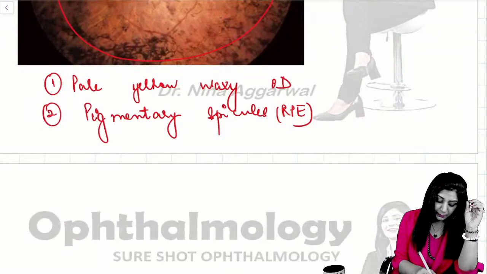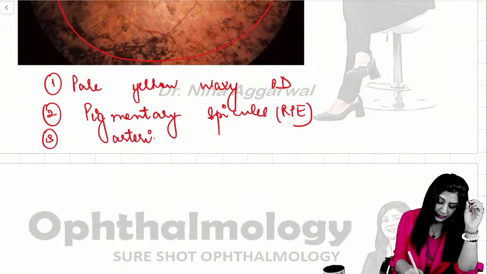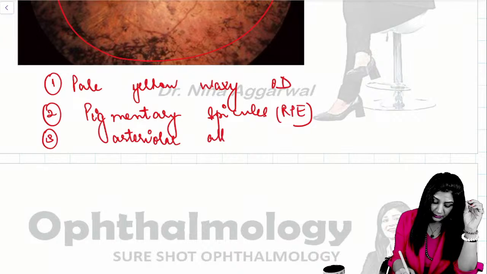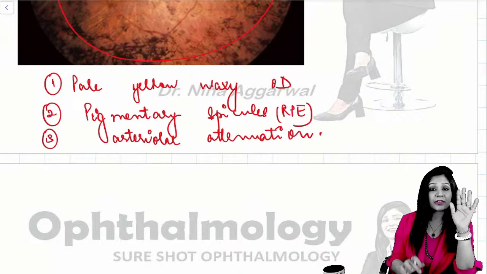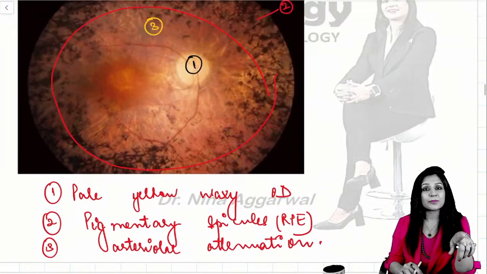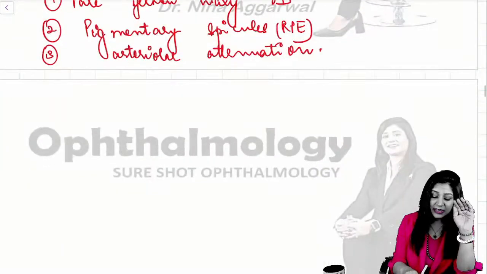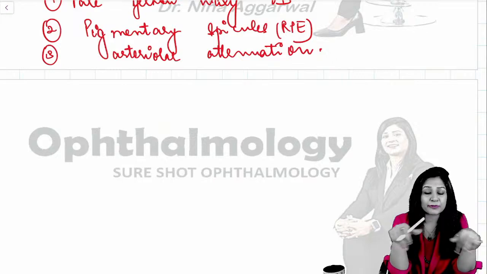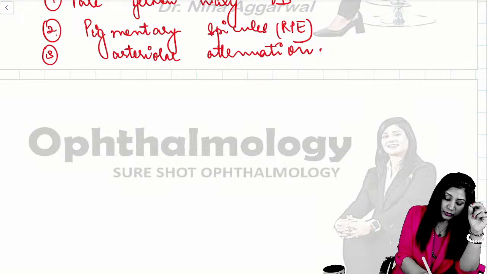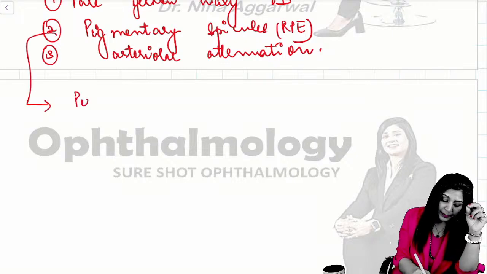And number three is the arteriolar attenuation, right? So this is the typical triad. The picture is again very, very important, and you can see that it is affecting the periphery, with pigmentary spicules occurring in the periphery.